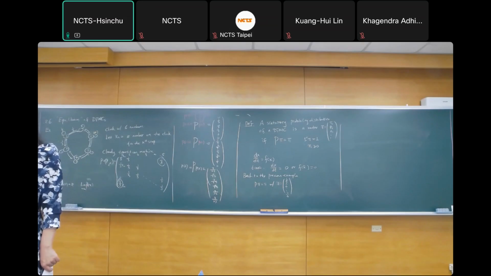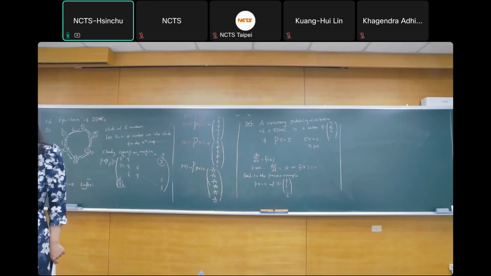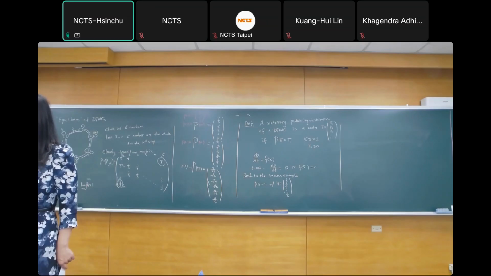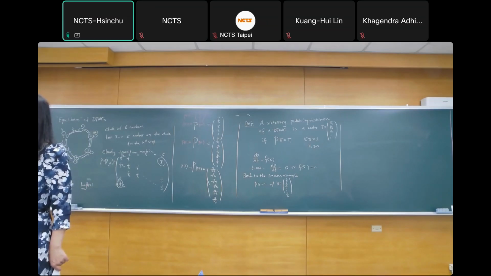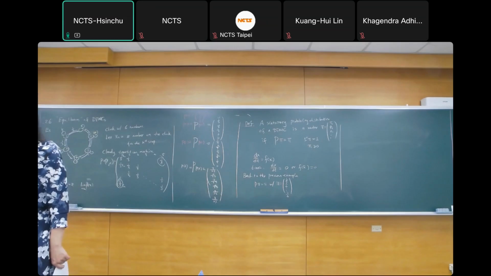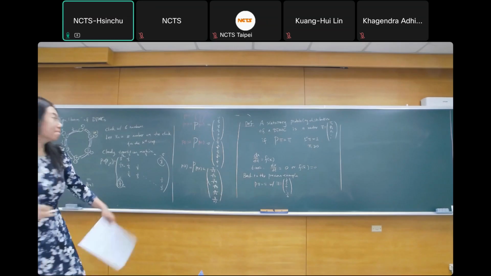For the identity mapping, any vector you plug in is a fixed point. But when you normalize, you are going to have n stationary probability distributions. So what I'm trying to warn you is, even if there exists a stationary distribution, it may not be unique.